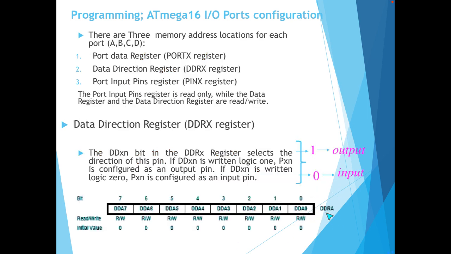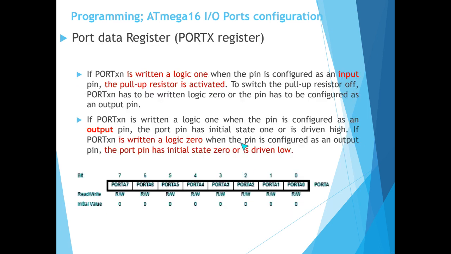The DDR register bits, or the bit for which we want to activate its pull-up resistor, should be written 0, meaning that it is configured as input, and by writing 1 for that bit in the PORTX register, we can activate the pull-up resistor.